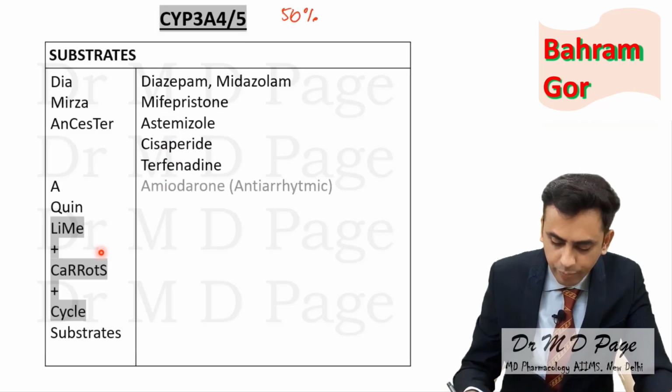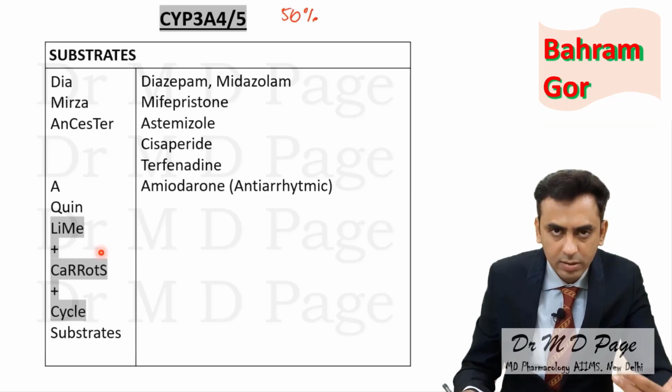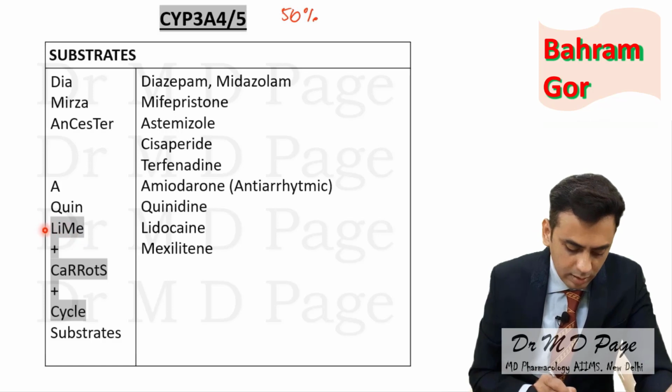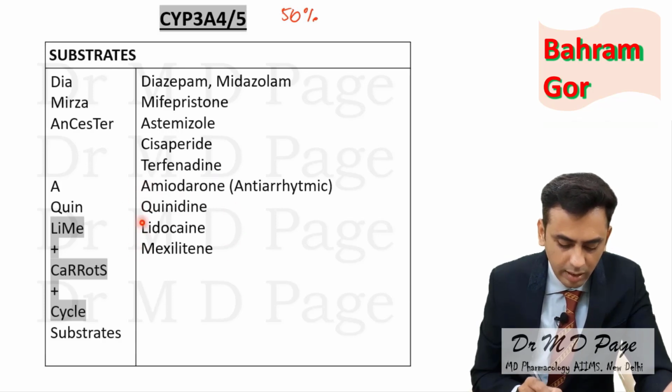A queen, A for antiarrhythmics like amiodarone, quinidine, again antiarrhythmic, lime, lidocaine, mexiletine. So amiodarone, quinidine, lidocaine, mexiletine, these are the antiarrhythmics which are substrates of this CYP3A4/5.